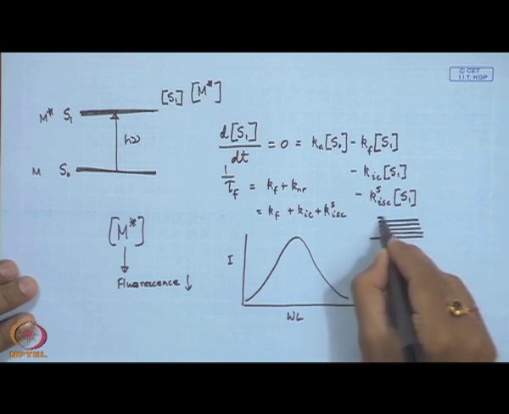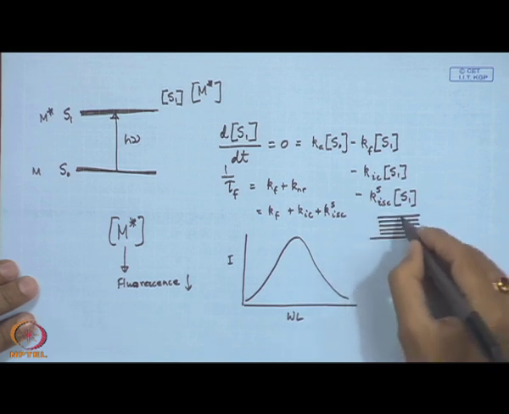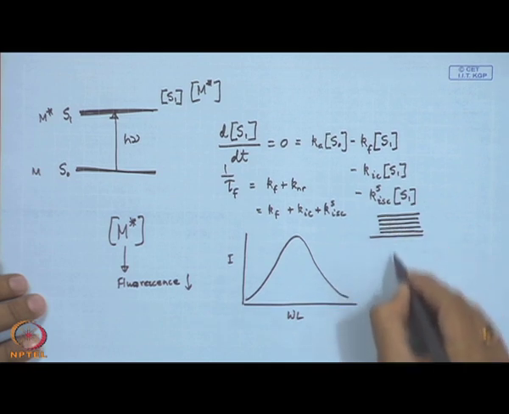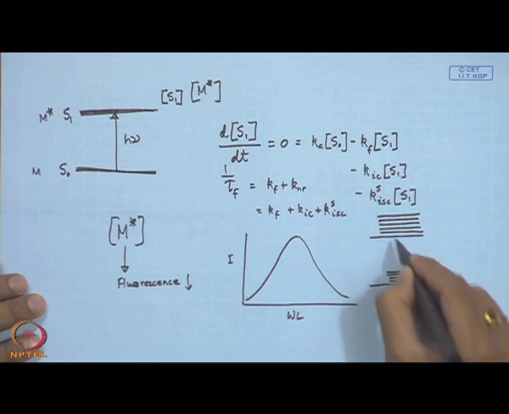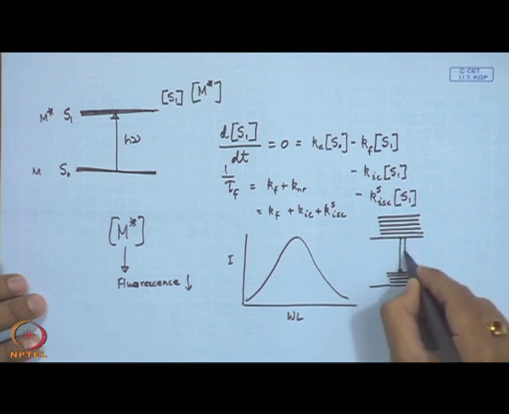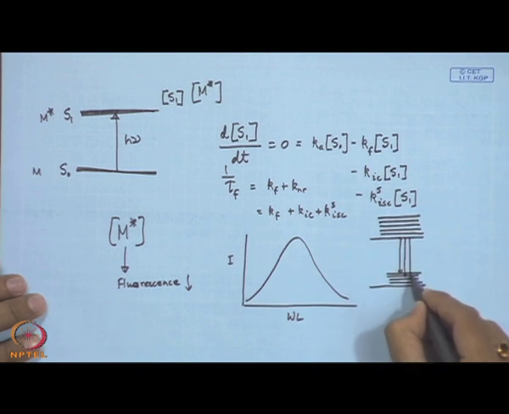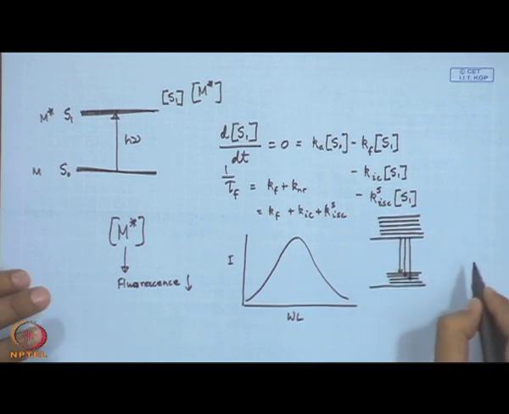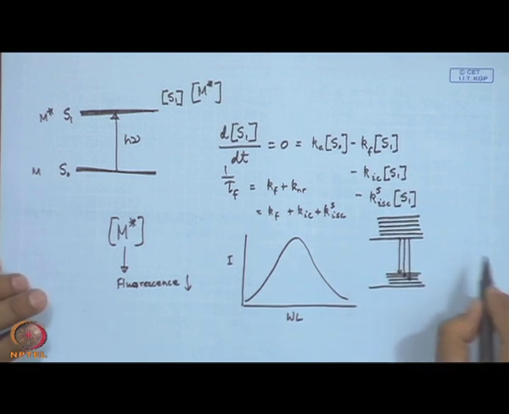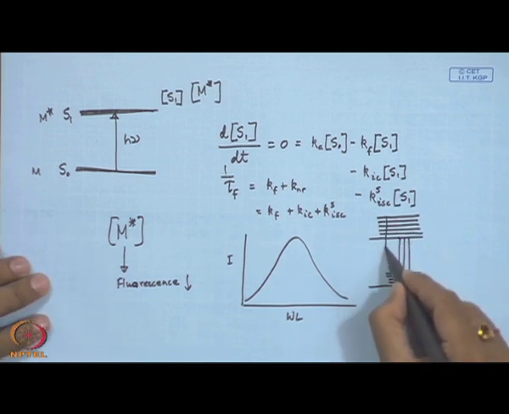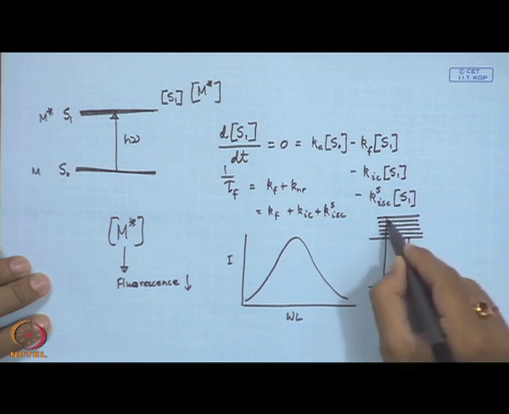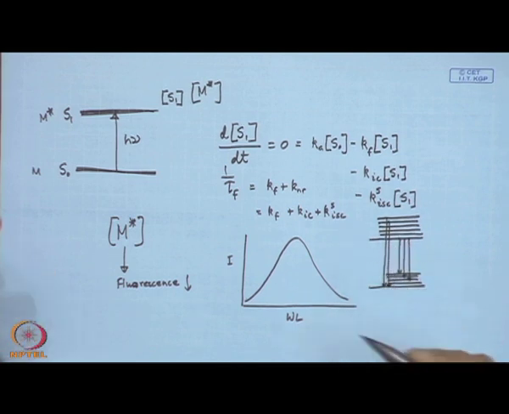When you excite, you may excite to a vibrational excited state, and this is your ground state vibrational levels. Emission may originate from here to here, maybe here to here, so you expect a bunch of frequencies, or emission can originate from here to here, or here to here. This basically broadens your spectra.